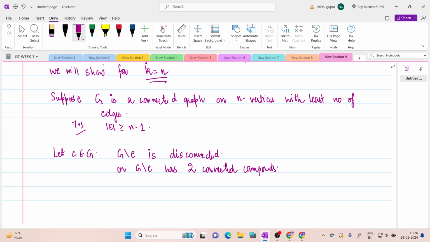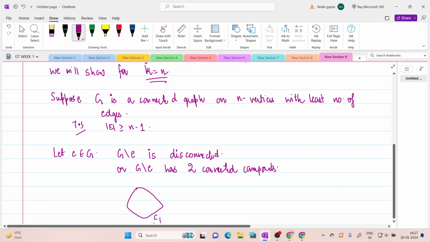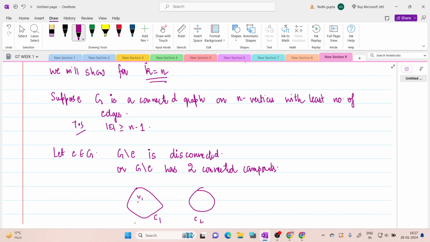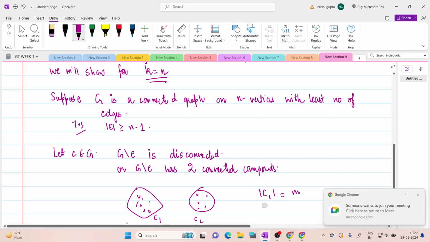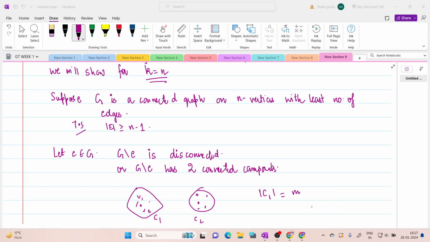So now we have that G minus E has two connected components. Suppose they are C1 and C2. These are the two components. Suppose C1 has M vertices and C2 has R vertices.